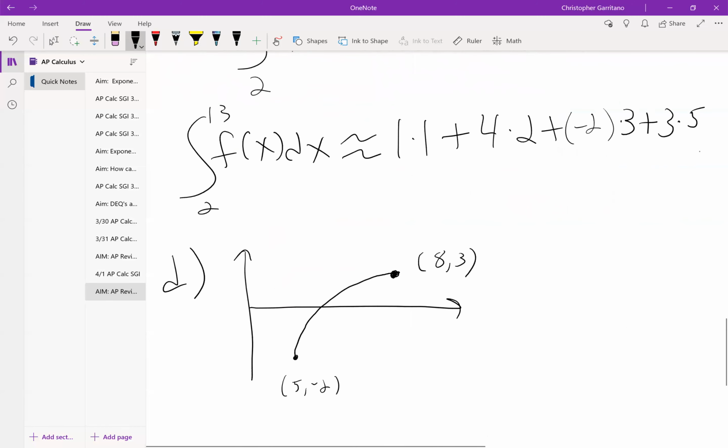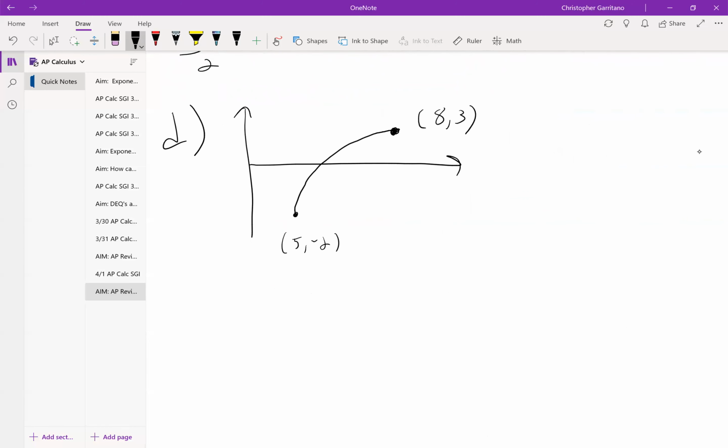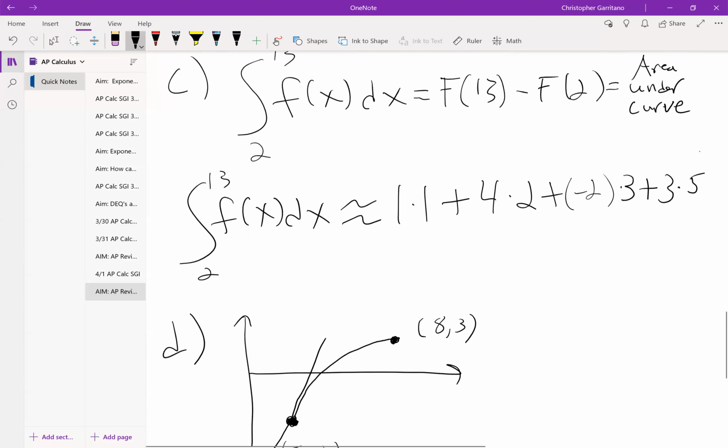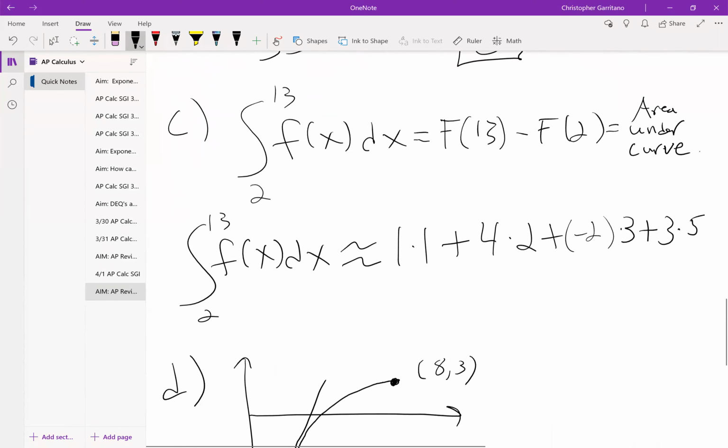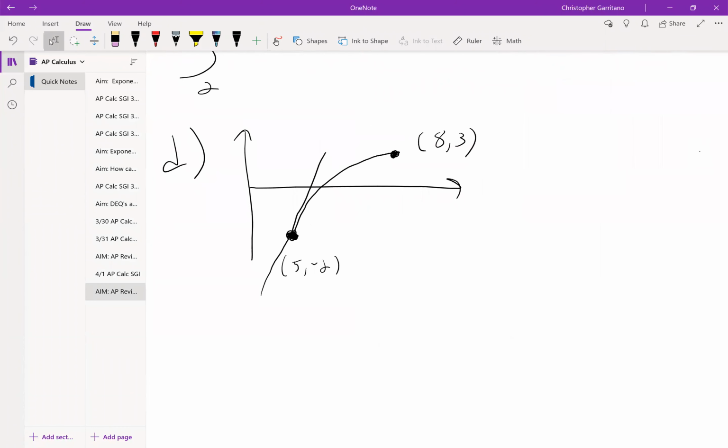Okay, let's draw that tangent line. I'm doing my best to draw a tangent line, but whenever you mess up, just draw a very big point so it looks like you drew a tangent line. Sorry, I keep scrolling up because f of 7 is what we're interested in. So let's say f of 7 is somewhere around here.